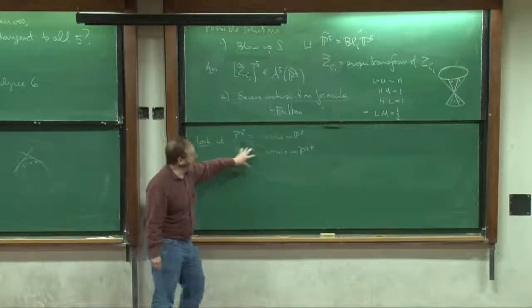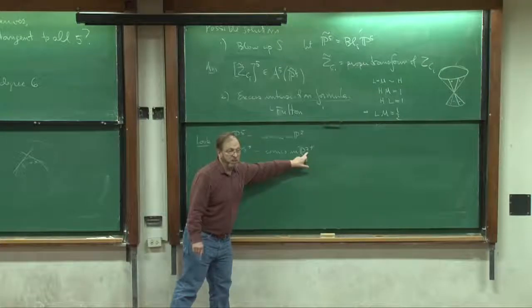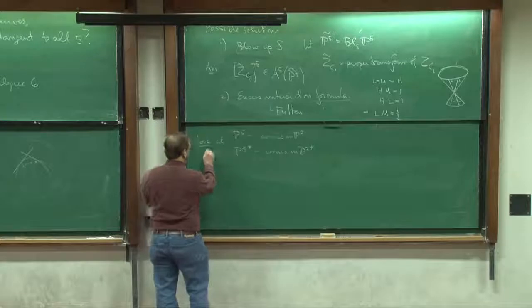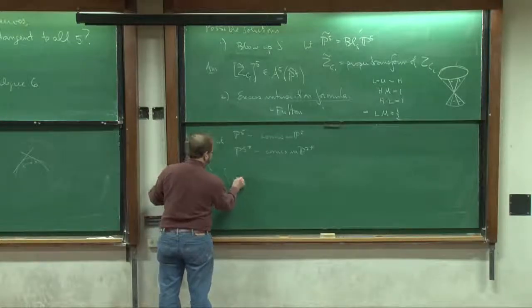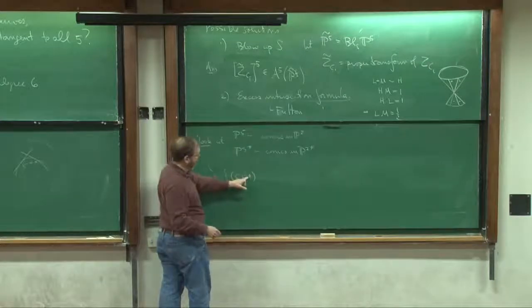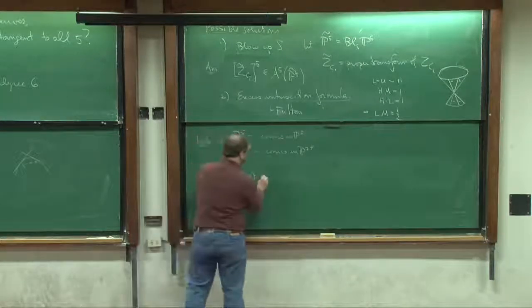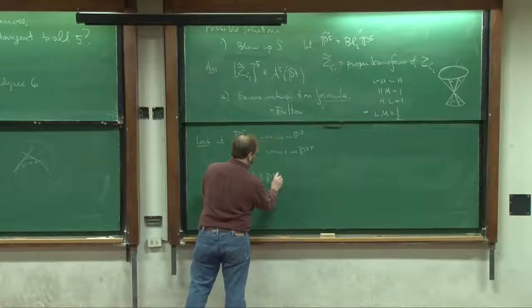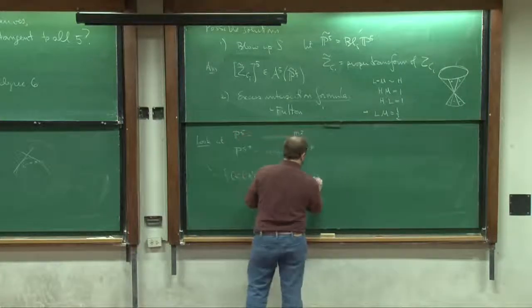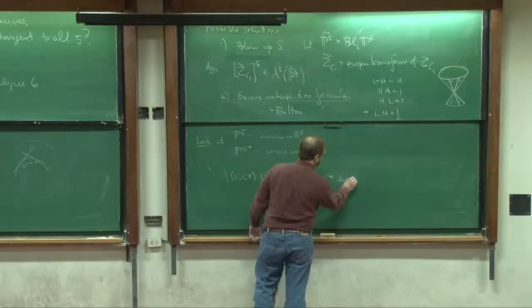Just think of this as a notation for the space of conics in P2 dual. Okay? Then I want to look at the set of pairs consisting of a conic C in P2 and a conic C star in P2 dual. This is sitting inside the product P5 cross P5 star, such that C and C star are smooth and dual.